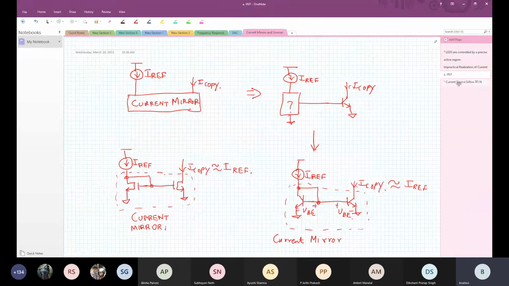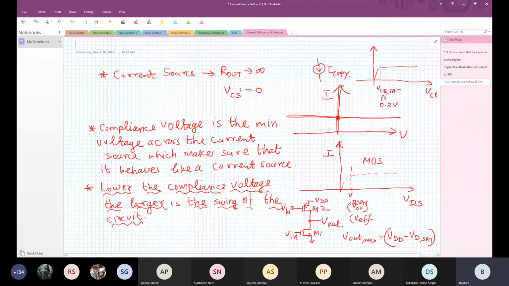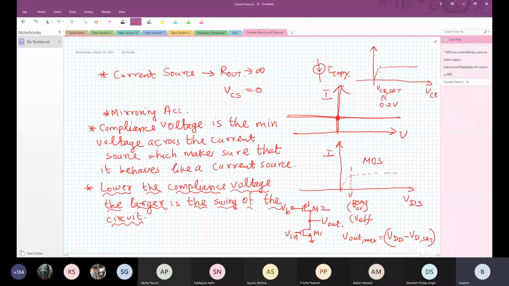Next, it should have R out equal to infinity. And the third thing, what do we want? The mirroring accuracy should be 100%.